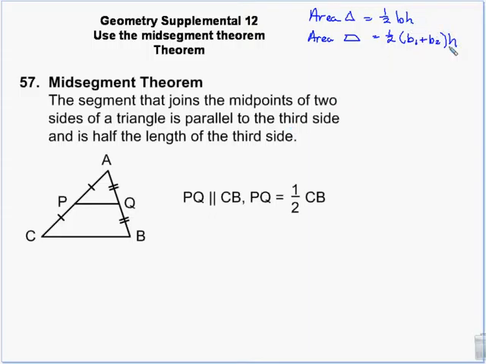If we take the height off, the midsegment of a triangle is equal to 1/2 the base. We just don't multiply by height. And then the midsegment of a trapezoid is 1/2 of adding the two bases. So they're related to each other.